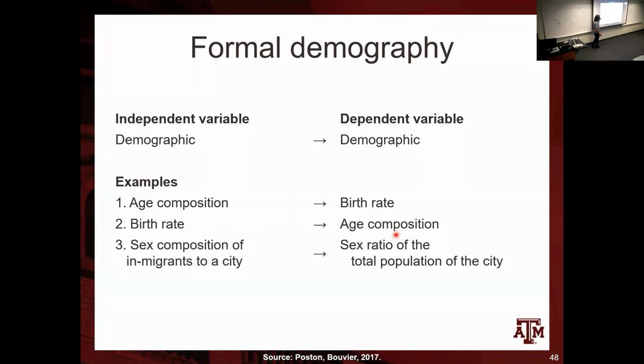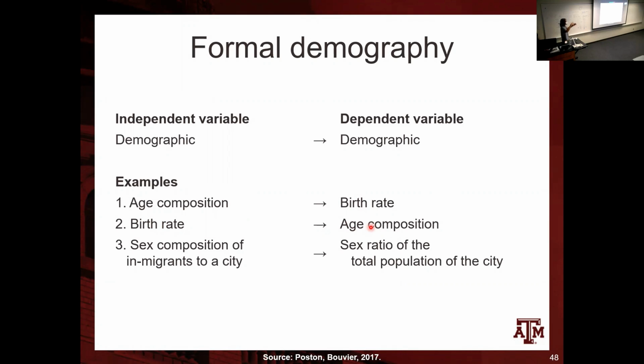Look at 1 and 2 here. When I can use both the age composition, in this example, as an independent variable in this study, and here as a dependent variable, and the same thing for birth rate, I have a reverse causality in which the first variable explains the second, but this variable also explains the first.